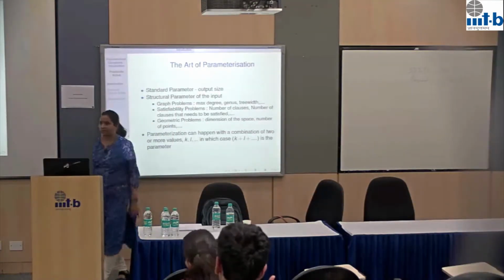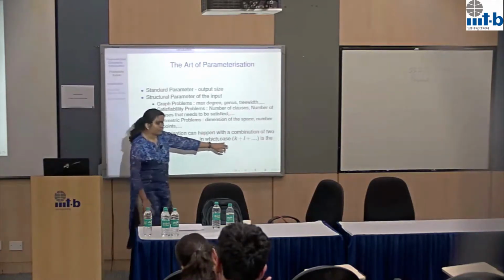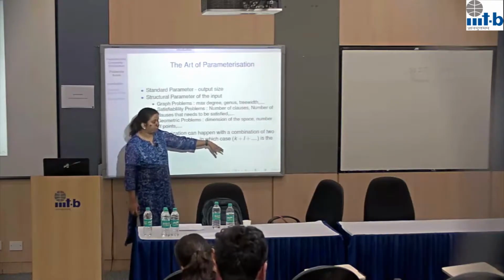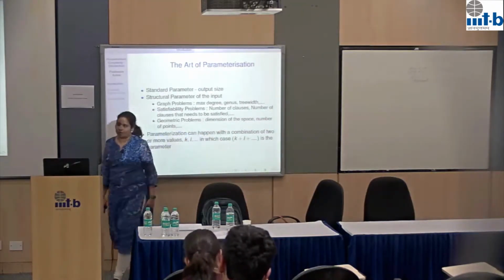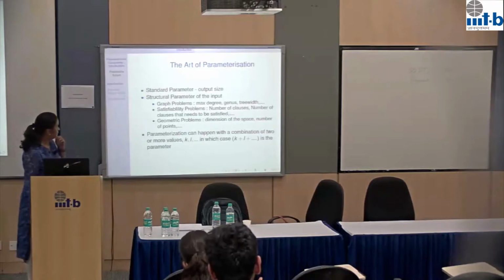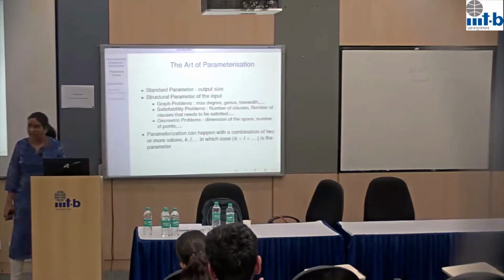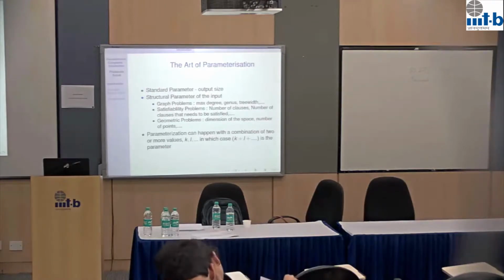So you are looking for a running time f of k plus l times n to the power some constant, or polynomial in n. This is the FPT running time, and the concept of parameters should be clear to all of you.